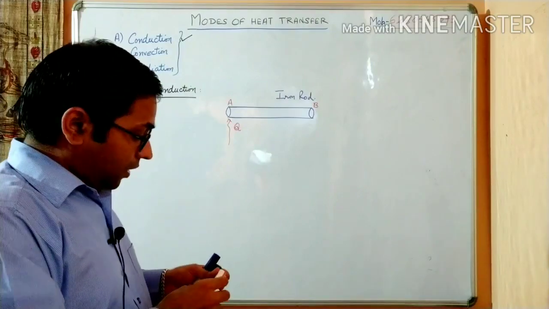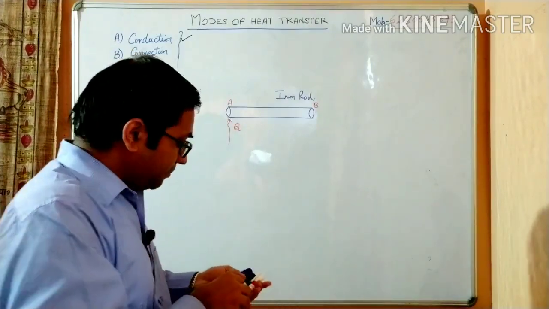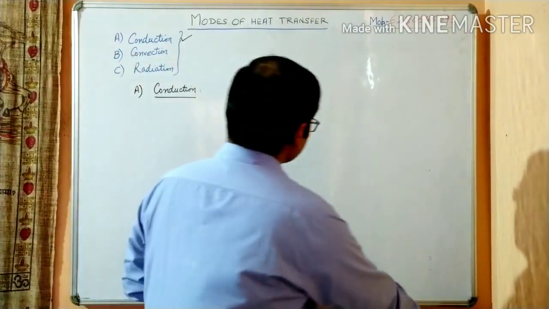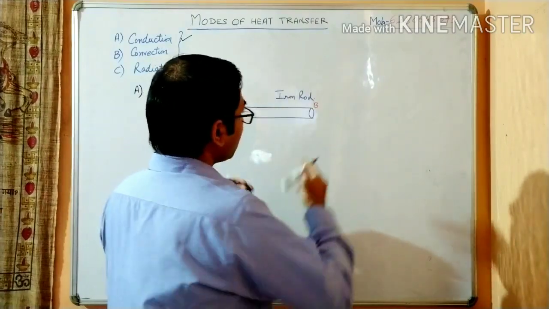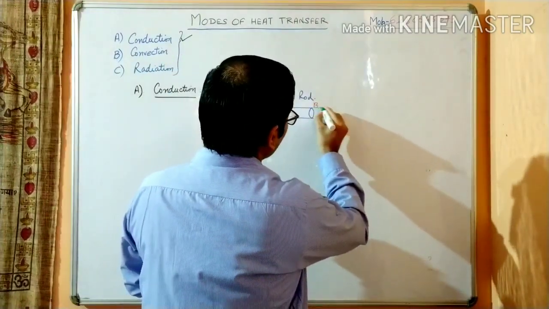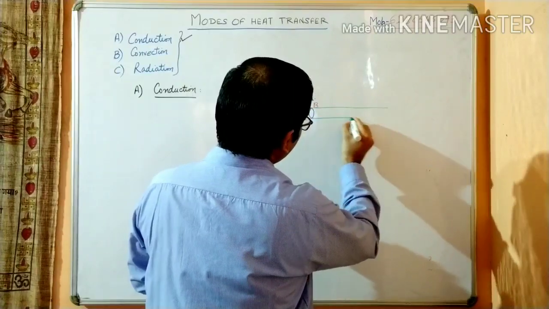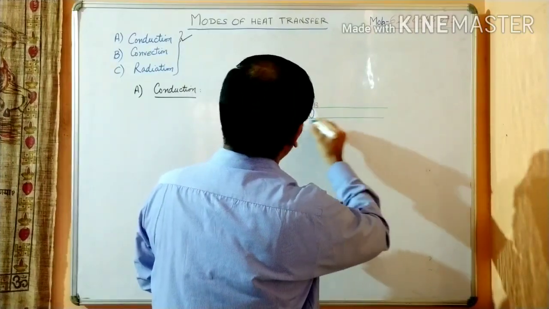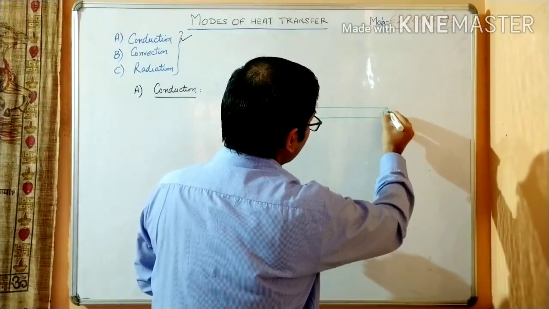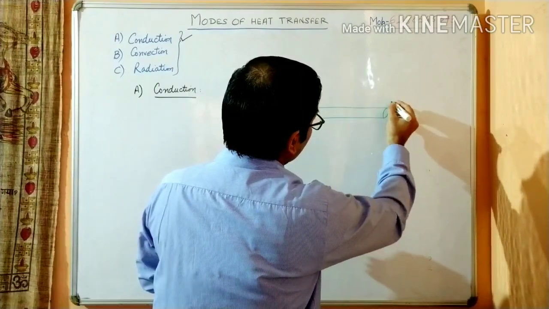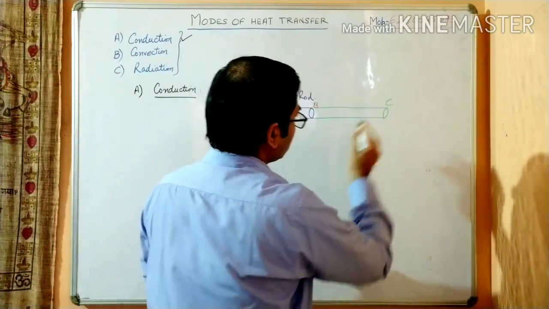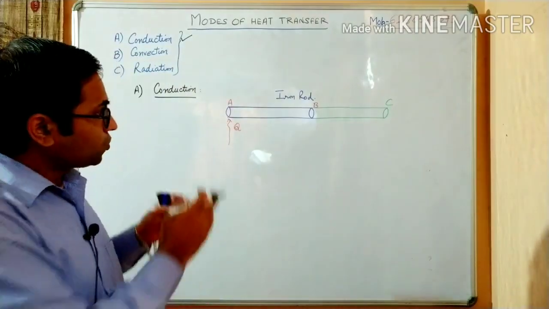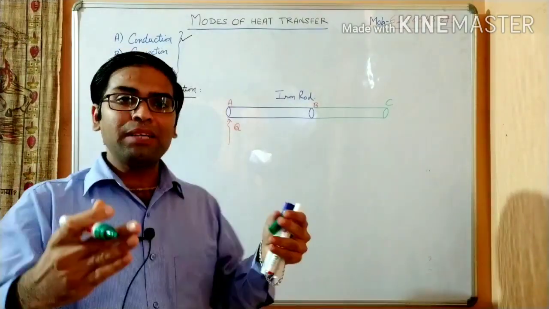Well, now what I do, let me take another rod which I directly attach with rod AB. So this is rod BC. These two rods AB and BC are firmly attached.